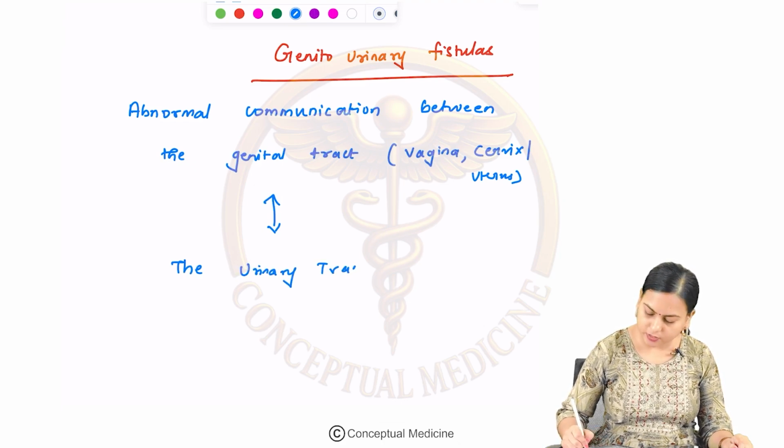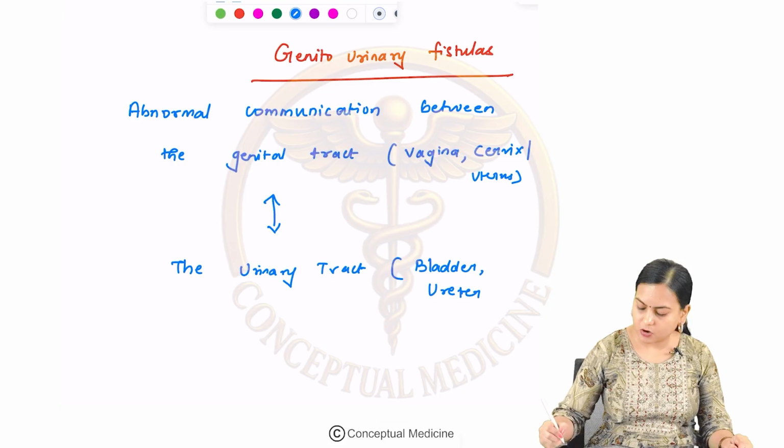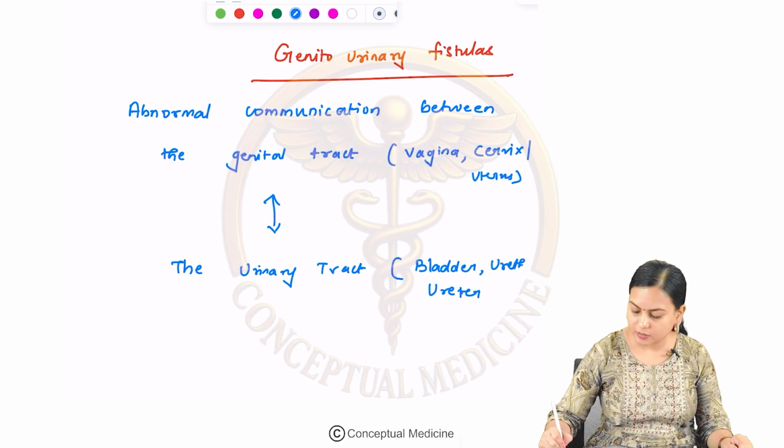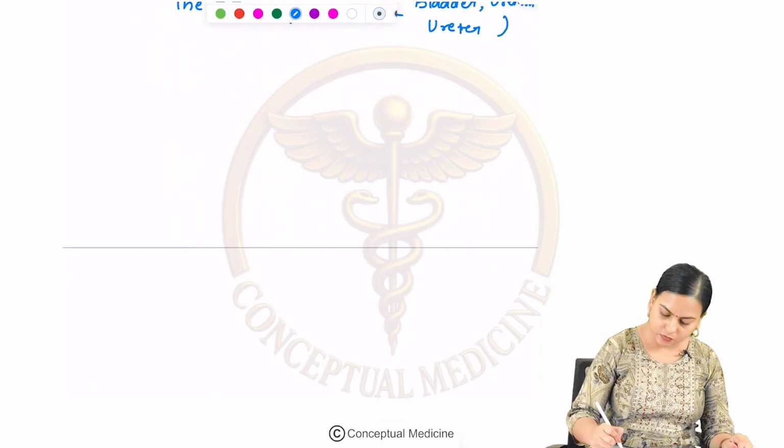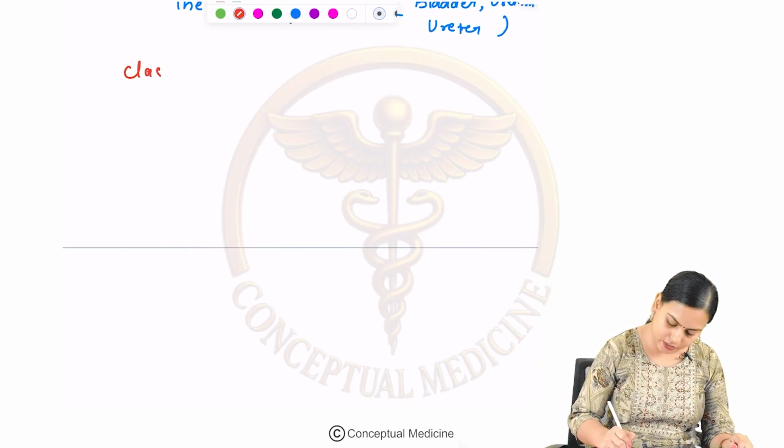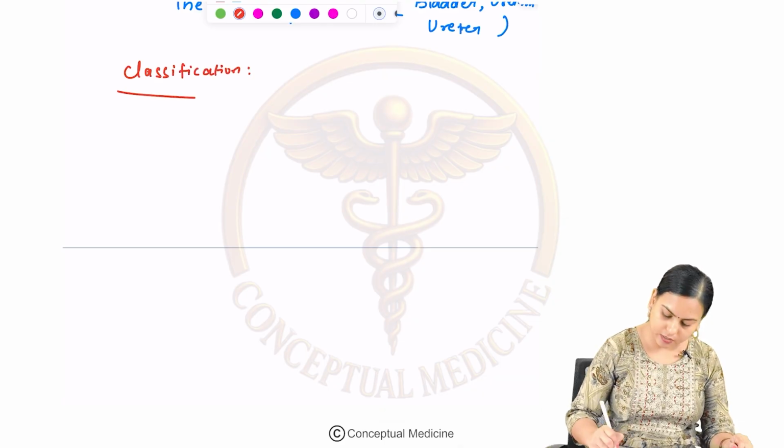Okay, so that will include the bladder, ureter or even the urethra. Clear? Now, let's see the classification of genitourinary fistulas.